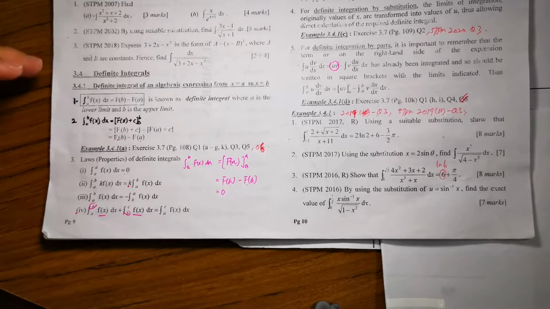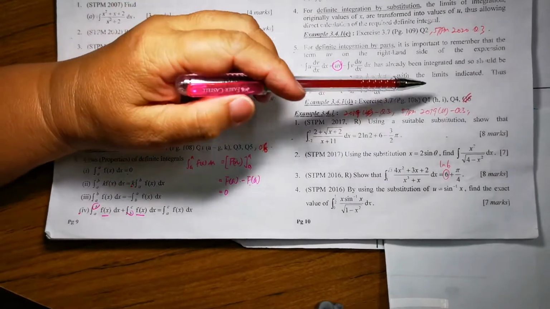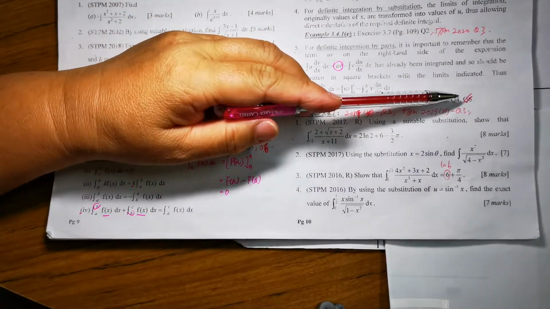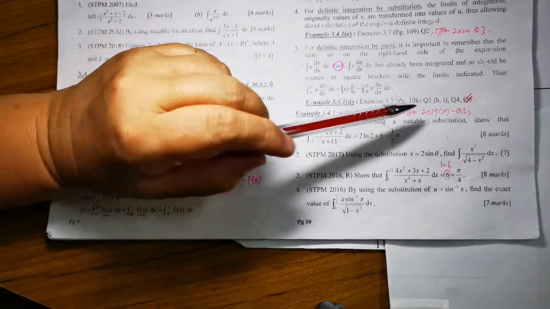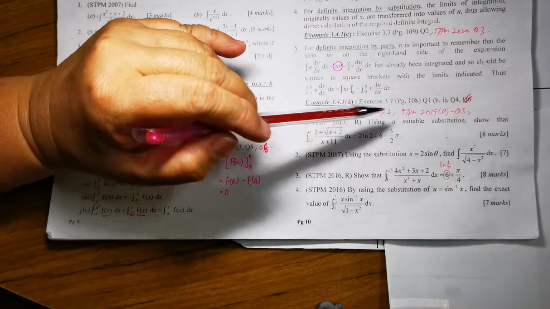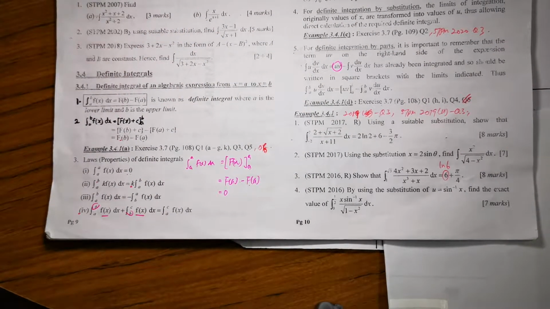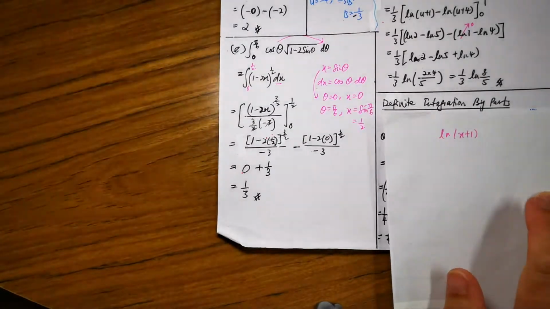Okay, so we are going to discuss some questions in your exercise 3.7. Question 1 H, I, and question 4. Then 2 past year questions that involve this integration by parts, 2019 and 2019 repeat paper. Okay, so let's look at your textbook.